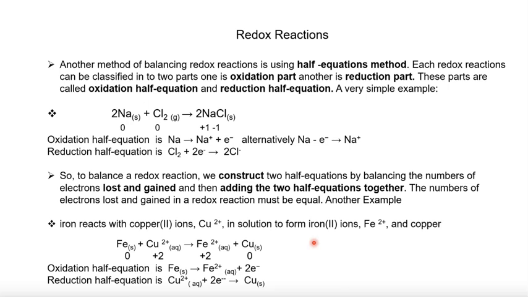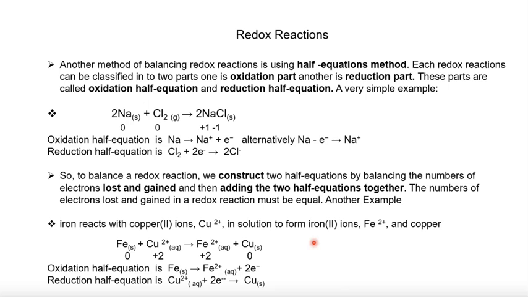If we identify the oxidation part and the reduction part and then make an equation of each, we call them the oxidation half equation and the reduction half equation. Using these two half equations, we can also balance redox reactions.